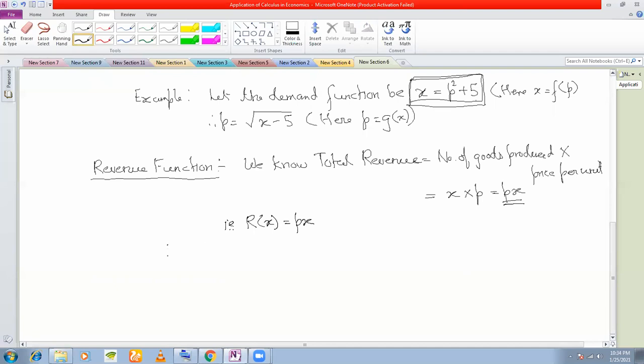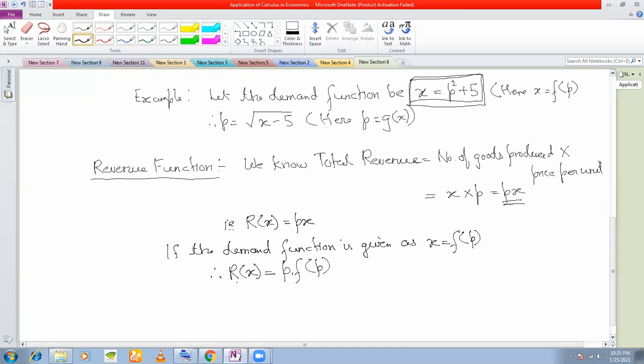Now if the demand function is given as, say, X is equal to f(p), what is the revenue function? P into f(p), right?